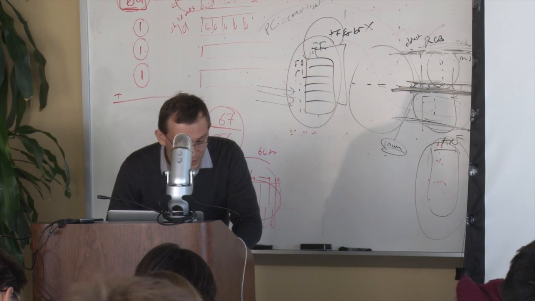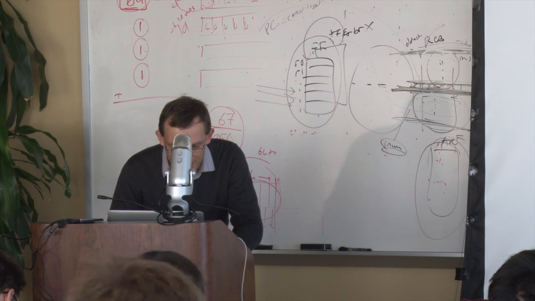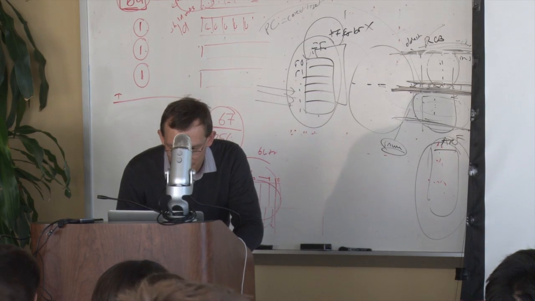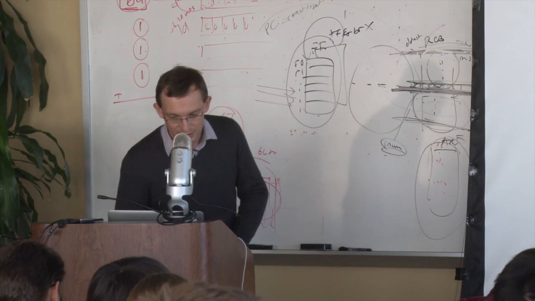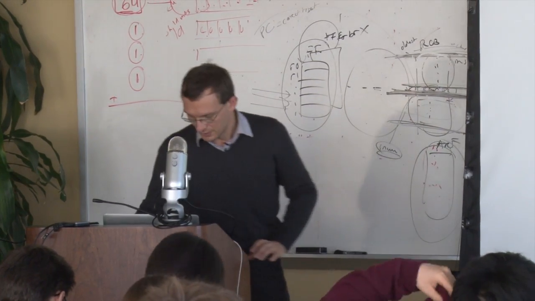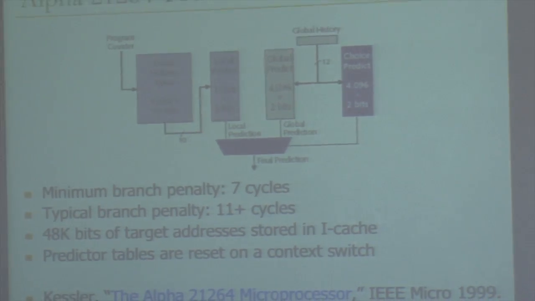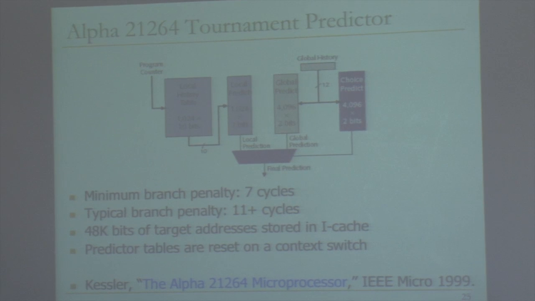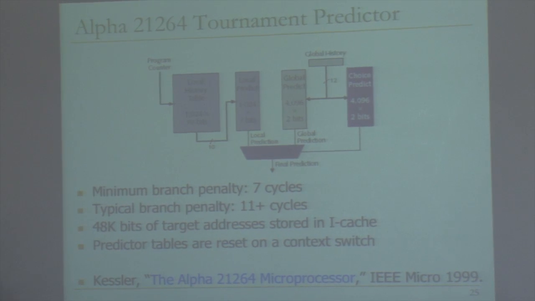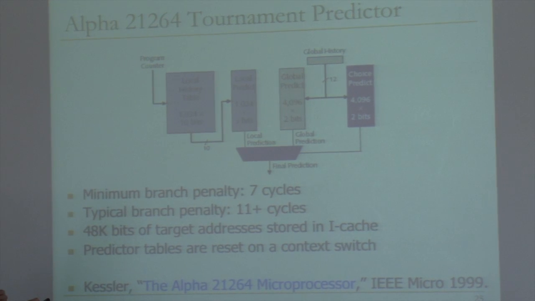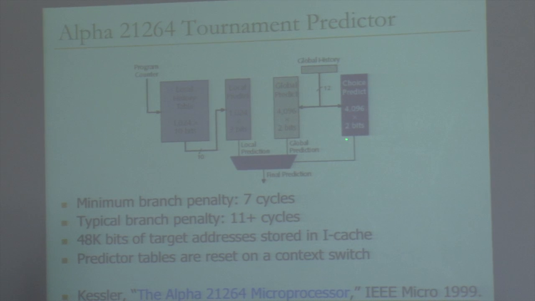You could think of different kinds of choice predictors. We didn't go through all of them in detail, but I'll give you one example, which is used in Alpha 21264, a real life example. If you look at this, you have two predictors, a local predictor and a global predictor, and the choice predictor over here.